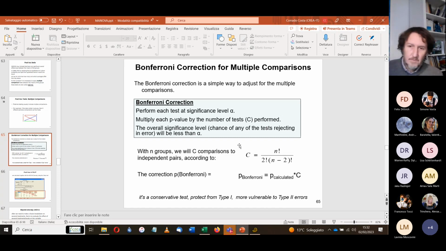This is the formula to calculate this, but of course the software gives you the results with the Bonferroni correction, with or without often. Bonferroni correction is a sort of penalty that you give to the results of a pairwise comparison, so as to better stress your results and to better demonstrate the effect of something.